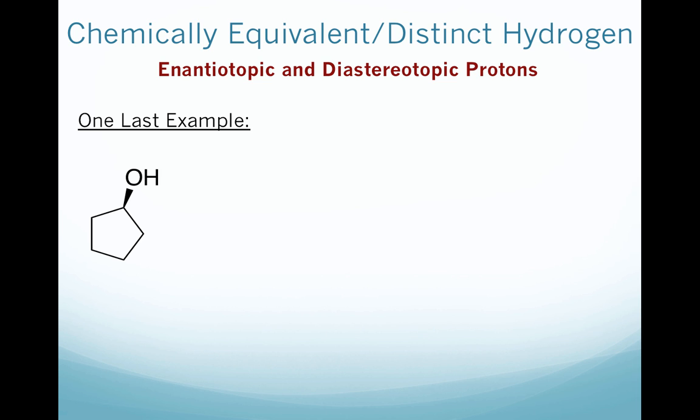All right, one final example to look at. We have this cyclopentanol, and we want to figure out the relationships between all the hydrogens and how many different signals we're going to have. So let's draw this and put in all of our hydrogens. And we're going to give it three-dimensionality.